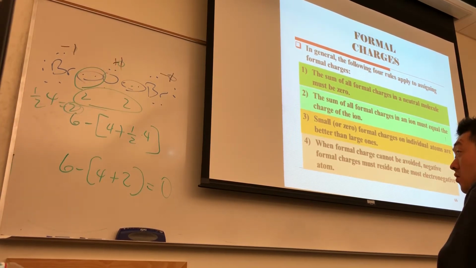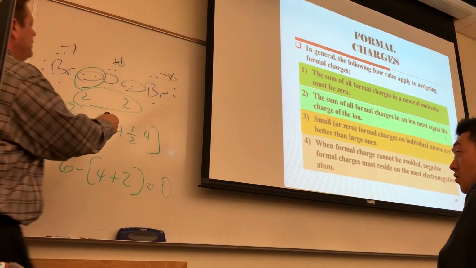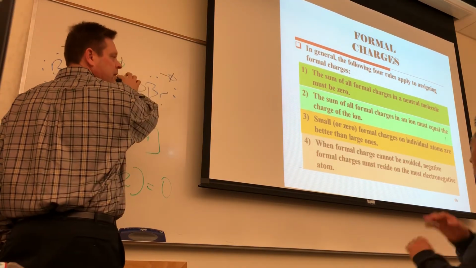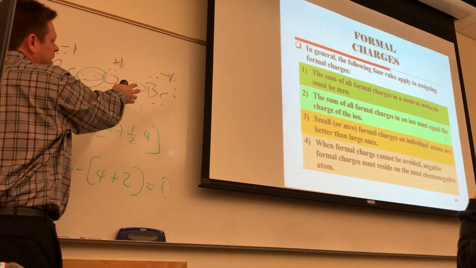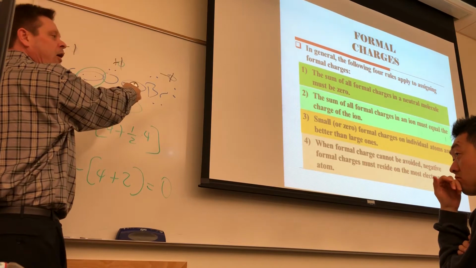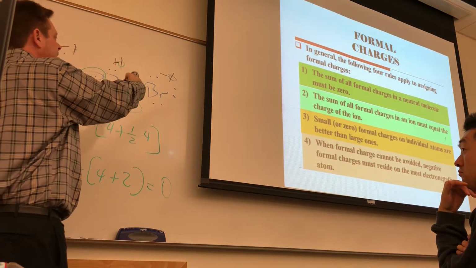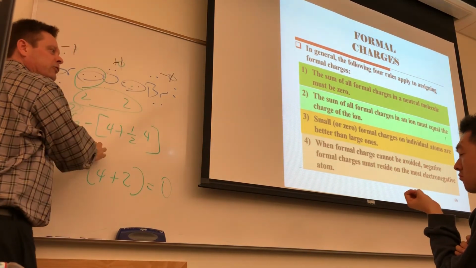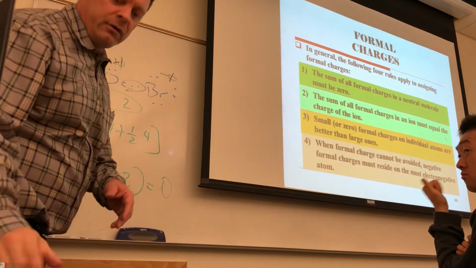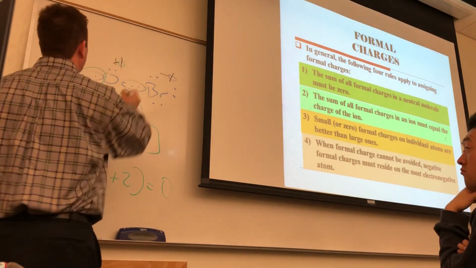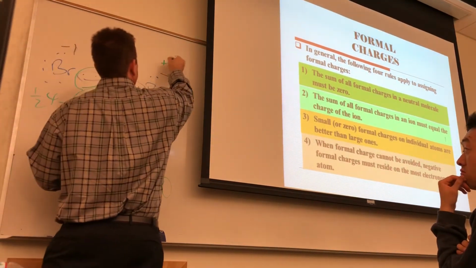Then I'd have to make sure that these were switched. In the structure, however it comes out, I could make it come out different ways depending on the structure. So one structure might give me this, another one might give me this.